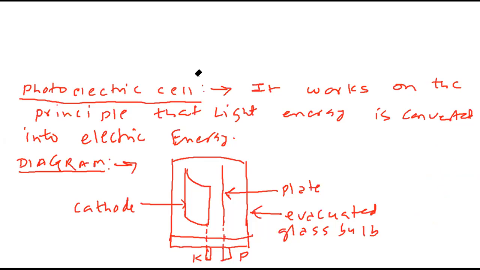This curve indicates cathode when seen from the top, and the dot will be the plate when we see from the top. Cathode means emitter and plate means collector. This is the symbolic notation. Light is incident on this.